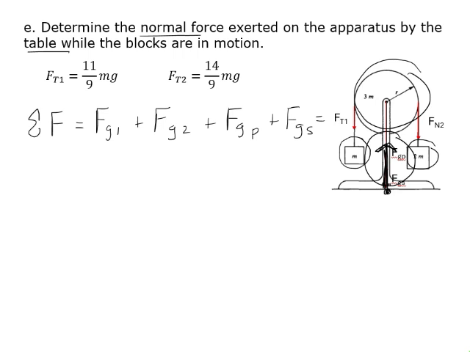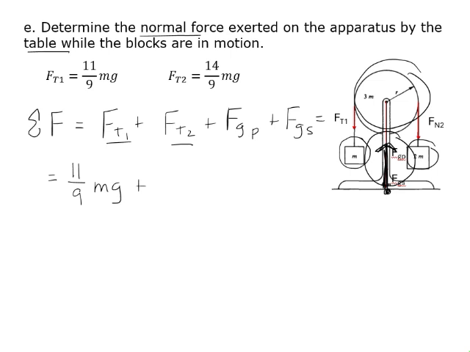Instead of the force of gravity of the two masses, we have to think about the force of tension applied by the two tension forces. So force of tension 1 plus force of tension 2 plus force of gravity of the pulley and force of gravity of the stand. We've already accounted for the acceleration by using the tension forces, and so we can simply sum all of them up. The force of tension 1 we calculated in part D was 11/9 mg.